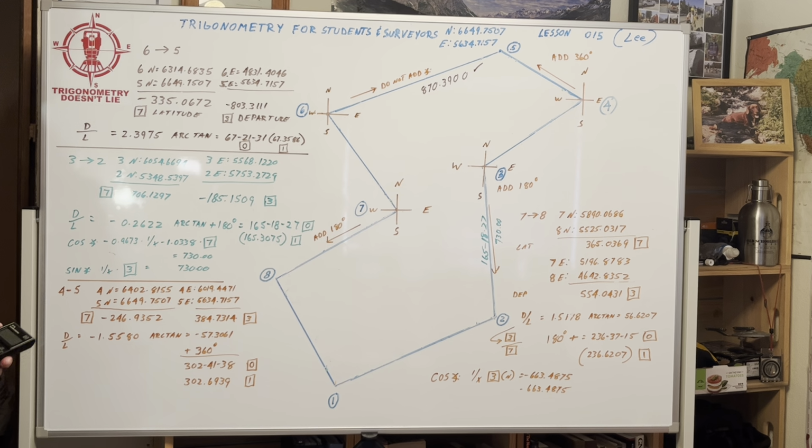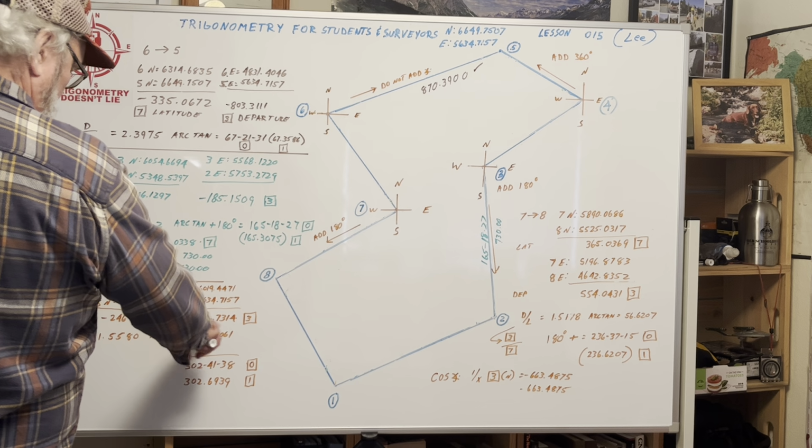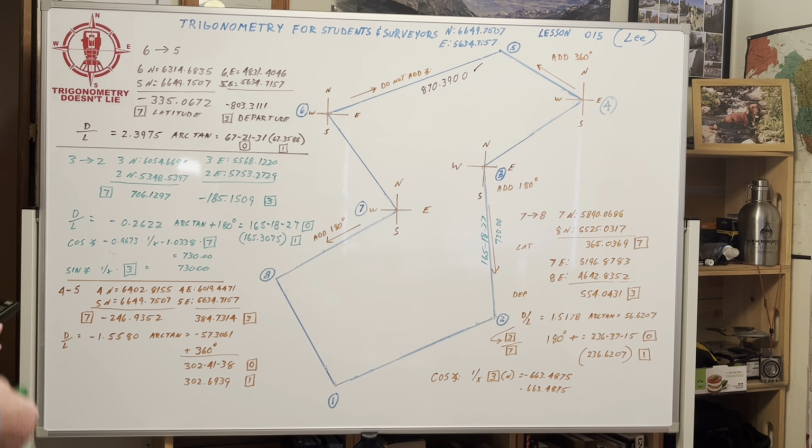That's what I meant. You don't have to add that. Once you do your math, it's just there. So now we'll just store that. Store as 7. And then I already did the math here, so I'll just go ahead and copy that over. 384.7314 and store 3.